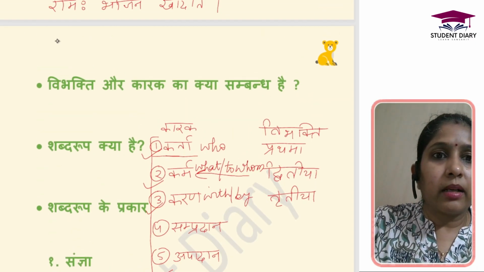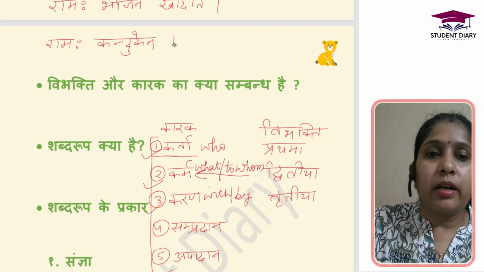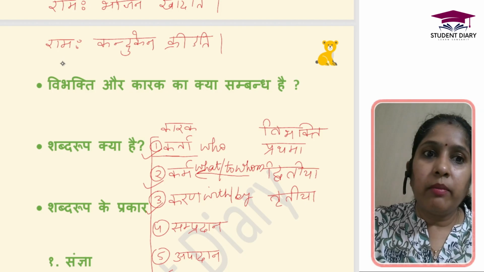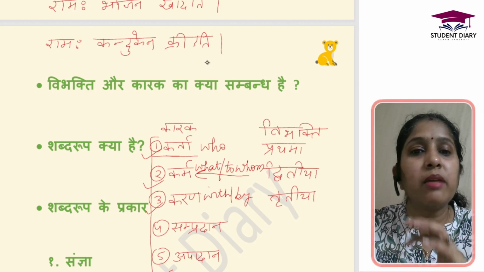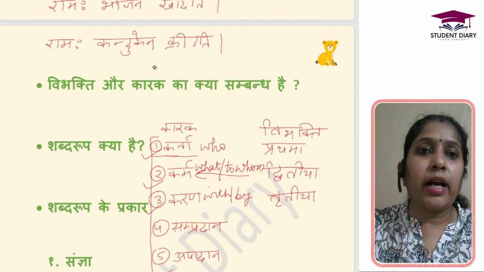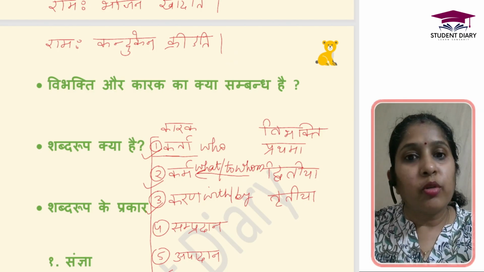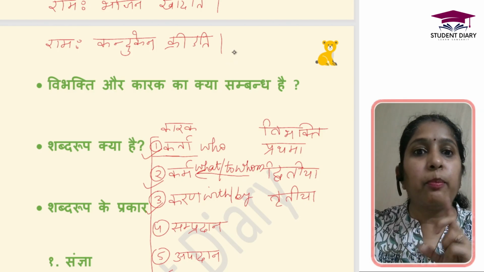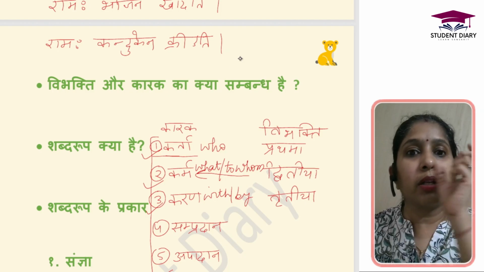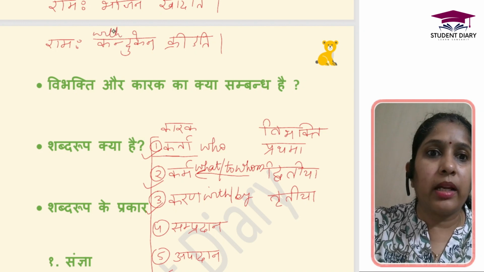Ramaha Kanduken Kridati. Kanduken means ball, Ramaha means Ram, and Kridati means playing, so the verb here is playing. Now which words are the karak? Ramaha and Kanduken, correct? So Ram is playing with a ball. With what? With a ball. So for the kriya, we are getting an answer for with or by, right?